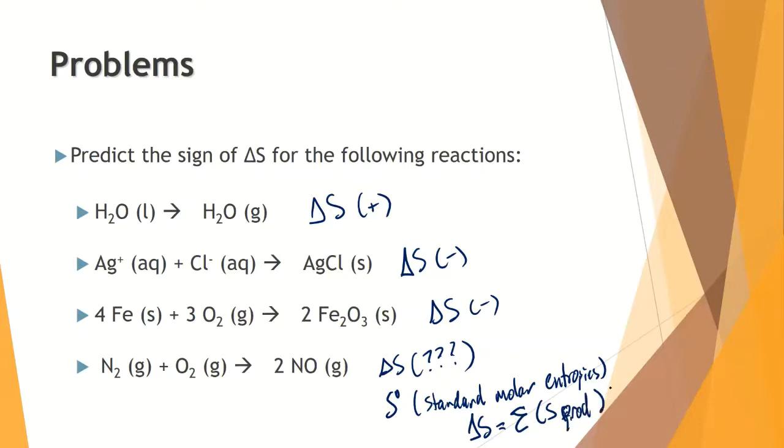And very similar to how you did heats of formation with enthalpy, you would do the same thing with those standard molar entropies to figure out the value. Can't really predict it other ways, though.